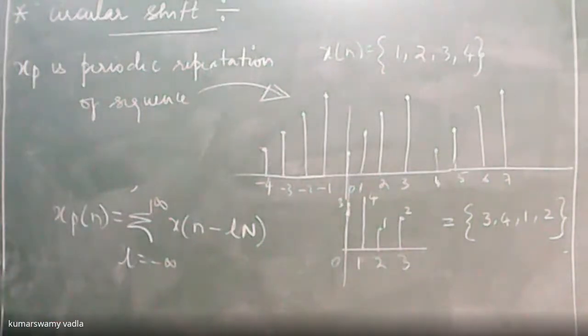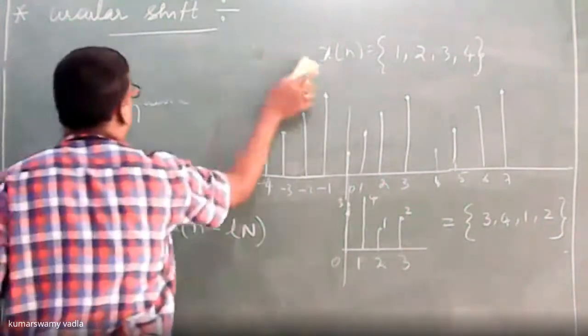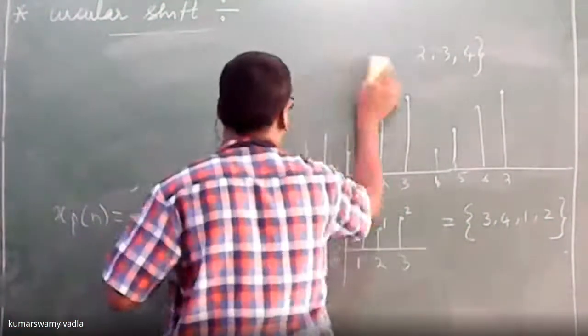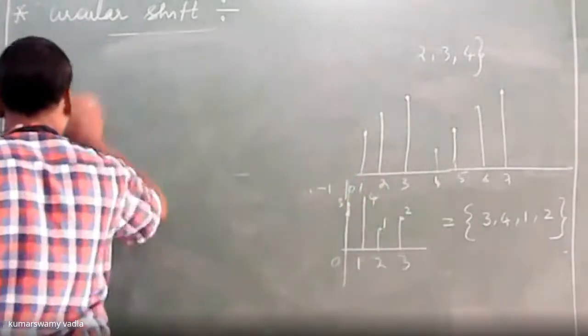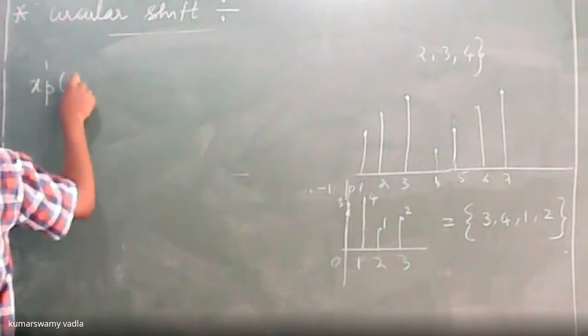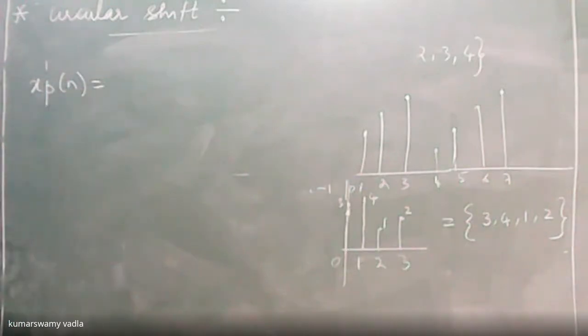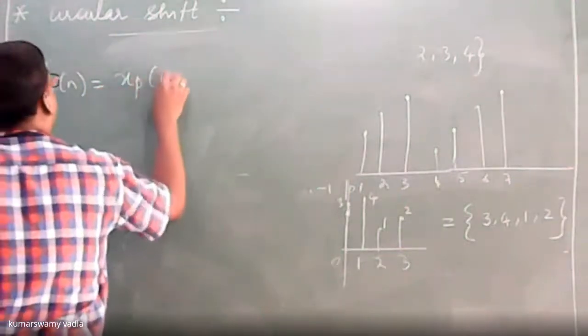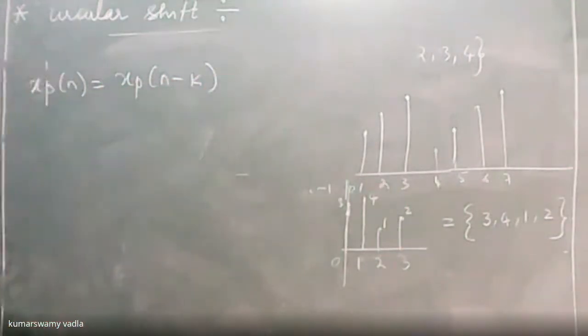Next line. Let xp of n be shifted by k units to the right hand side. Xp dash of n is equal to xp of n minus k. Let xp of n be shifted by k units to the right.